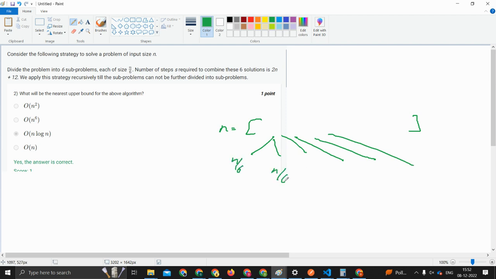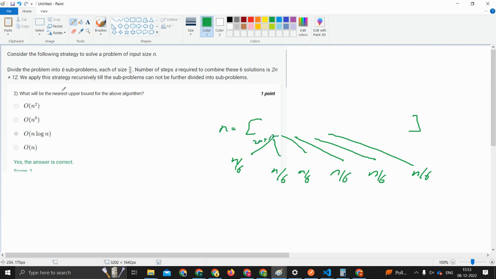Got the point? So the number of steps required to combine these 6 solutions is 2n plus 12. Sorry, 2n plus 12. So if you want to combine these, it's 2n plus 12.